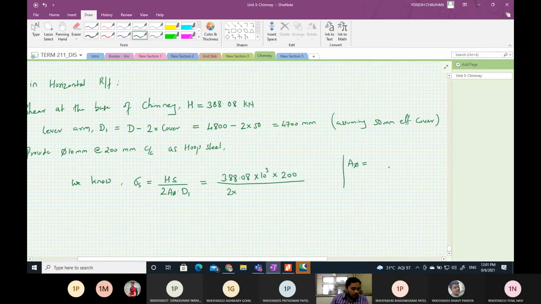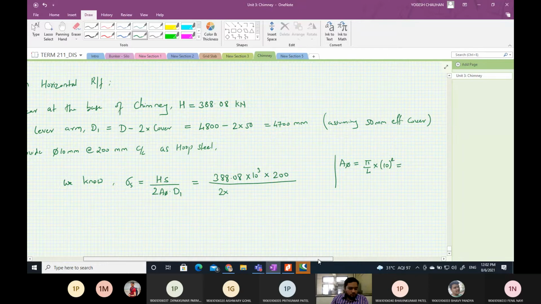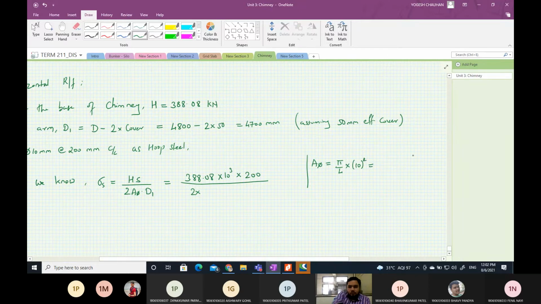We are providing 10 mm bar diameter, so it will be pi by 4 into 10 square, which is equal to 78.54 mm square, multiplied by 78.54 into D1, that is 4700.